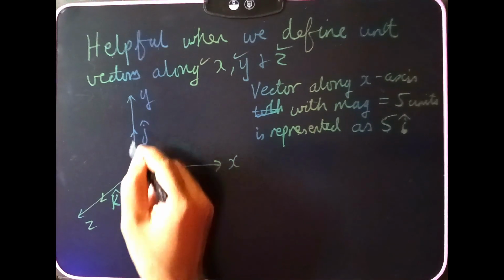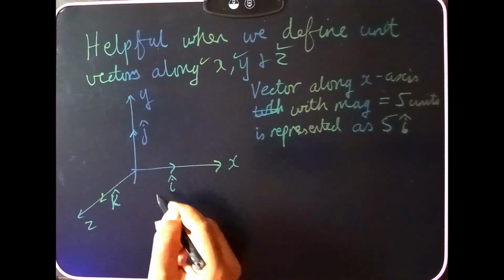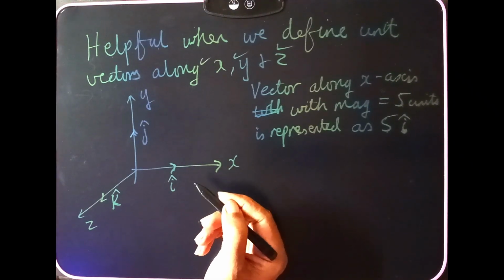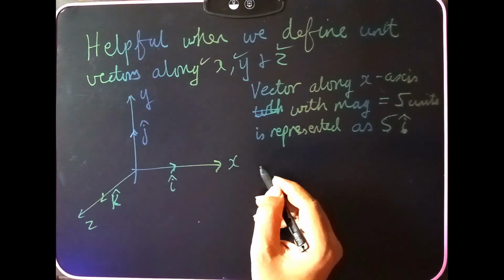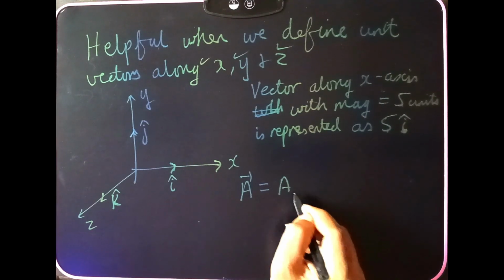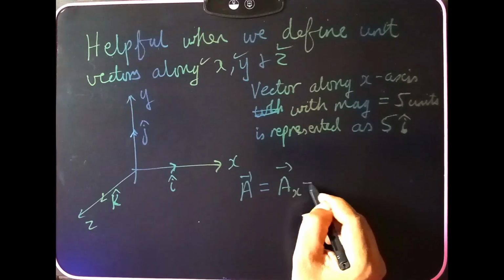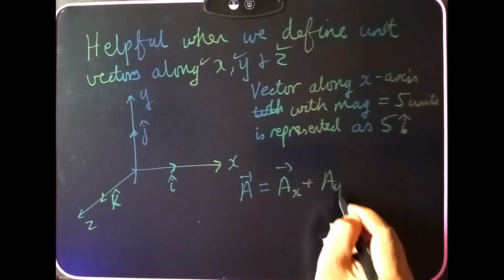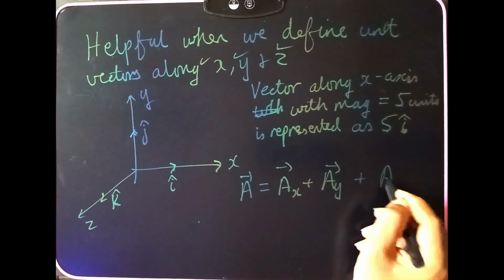So if we have all these unit vectors represented this way, then we can say that a vector A is a resultant of Ax plus Ay plus Az.